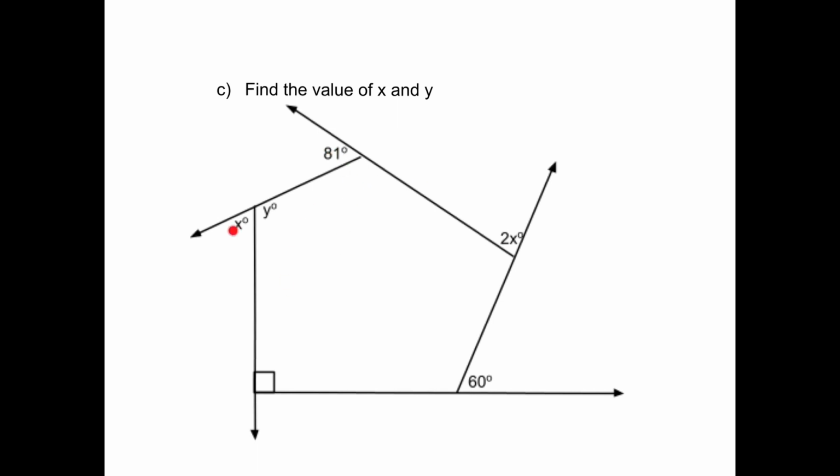But looking at the exterior angles, I actually have something for all of them because this down here is 90. The linear pair is going to tell me that this exterior angle is also 90. So I have an x, a 90, a 60, a 2x, and an 81 that will all add to equal 360.